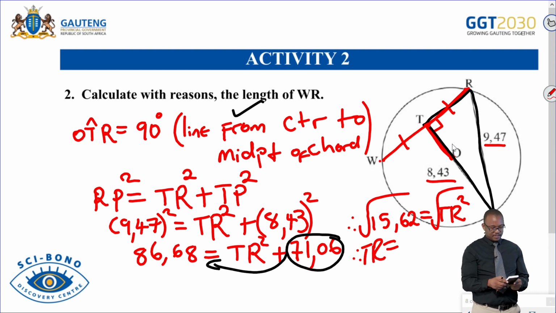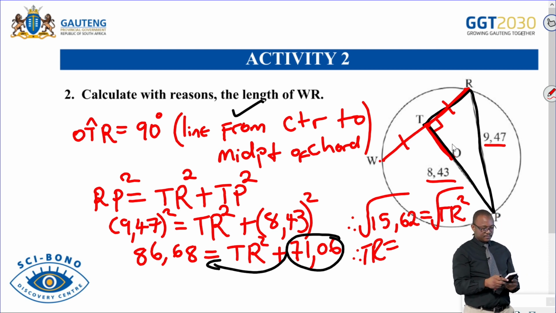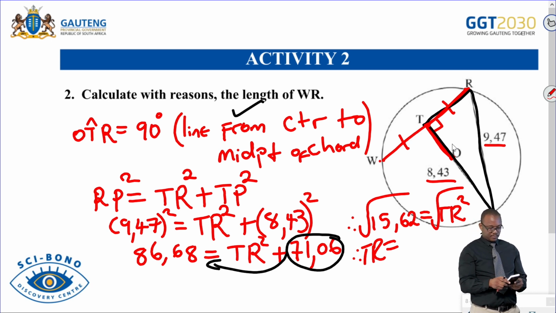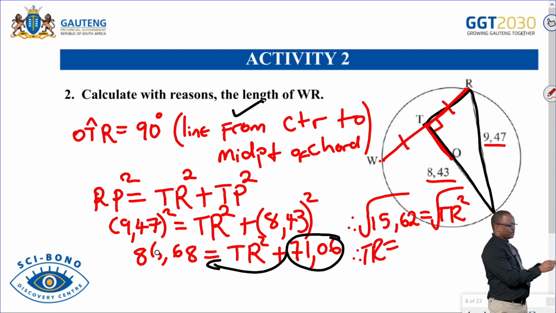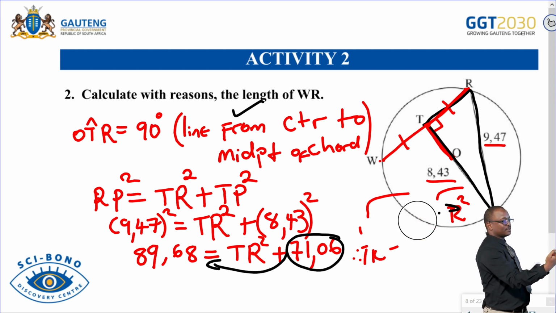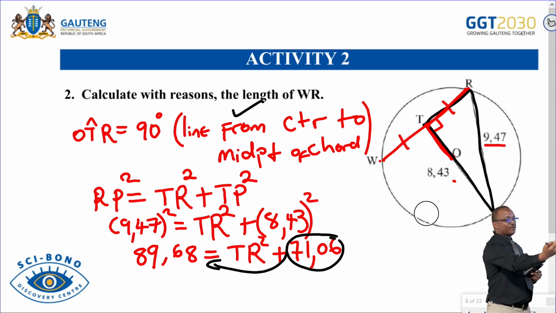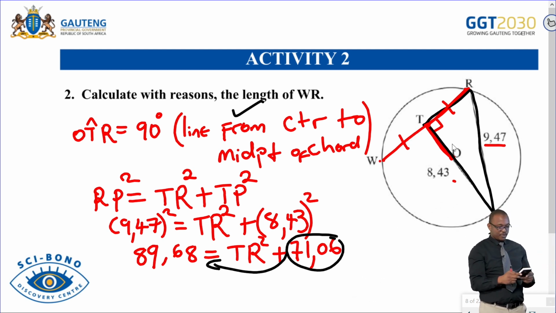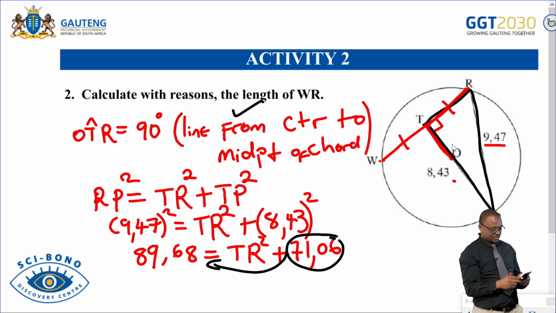Okay, sorry, 9,4 squared is not 86, it is 89. So when you transpose, you are going to say 89 minus 71,06.